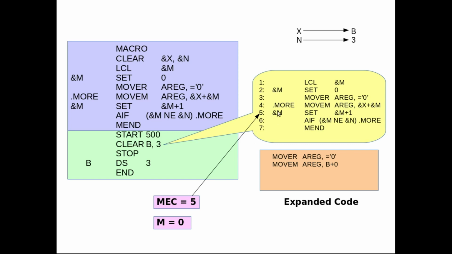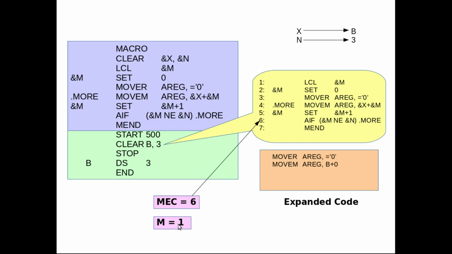So your m is 0, it will be incremented to 1, and that completes the processing of statement number 5. So MEC will now change to 6, and in 6 we have this if statement, and here we check whether m is not equal to n or not. So if m is not equal to n, then this will be true.